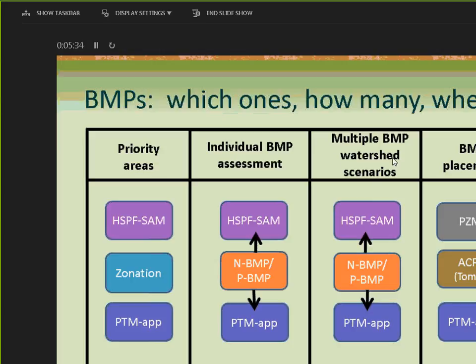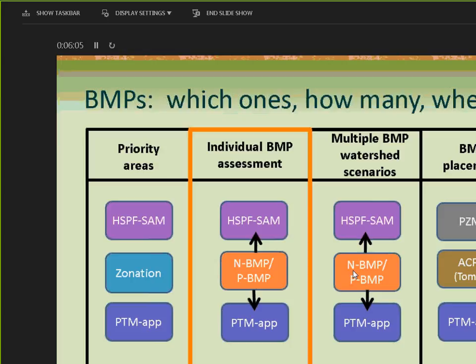Also, we've got tools here for multiple BMPs in a given watershed, and then placement, zeroing in, like we saw with the ACPF tool earlier. The N-BMP, P-BMP tools fit in these two areas. It's not a targeting tool. It's not a placement of BMP tool.